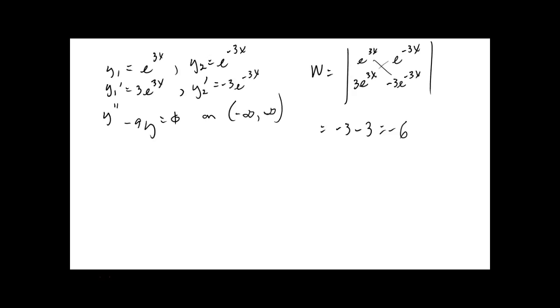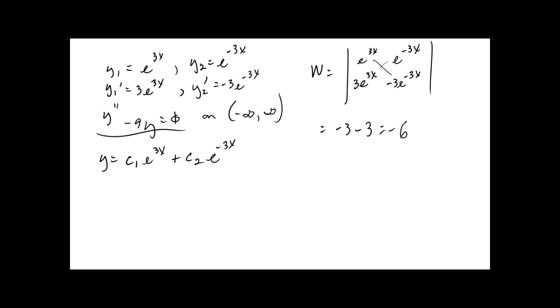So, can you give me a general solution for that second order, ordinary linear differential equation? y is equal to c1 e to the 3x plus c2 e to the minus 3x. We have a fundamental set.